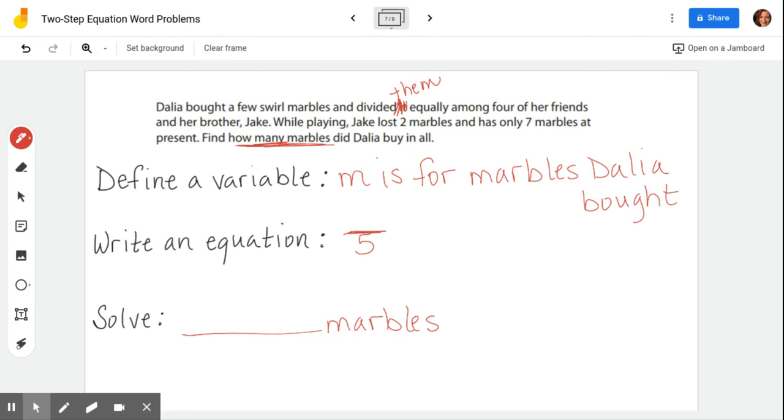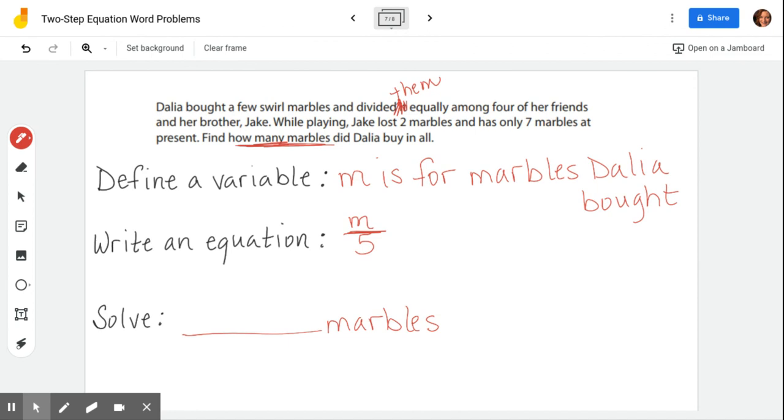Well, I don't know how many marbles. I don't know what goes on top, but we're calling it M. So, okay, that shows me the number of marbles she has divided by 5 people. So, if I take that amount, marbles divided by 5, that represents a group that one person got. So, that's how many her brother got, okay? He got the number of marbles divided by 5.